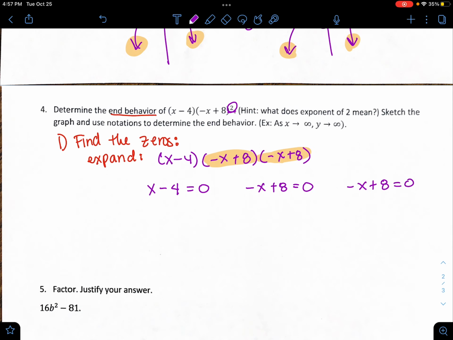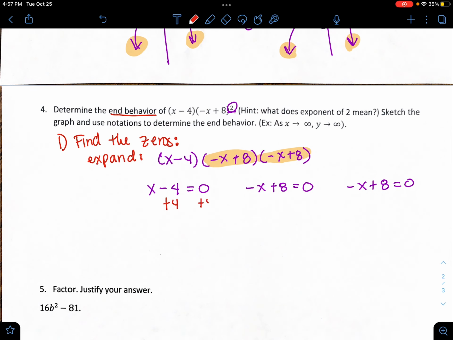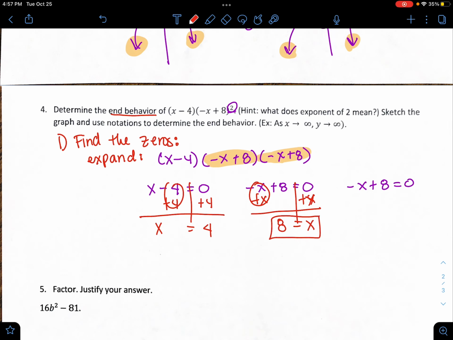So this would mean I would add 4 on each side. This becomes a 0, so x equals 4. This one I would add x on both sides. So this becomes 0 and 8 equals x.